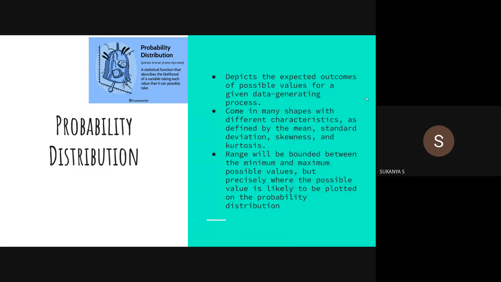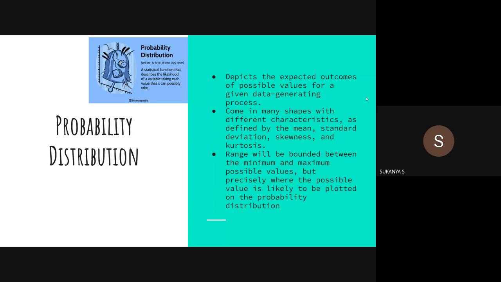Probability distribution. Primarily, you have what a random variable is. A random variable is something that denotes the possible outcomes of a random experiment. In a random experiment, you know the possible outcomes, and each has an associated probability, but you don't know exactly what the outcome will be.